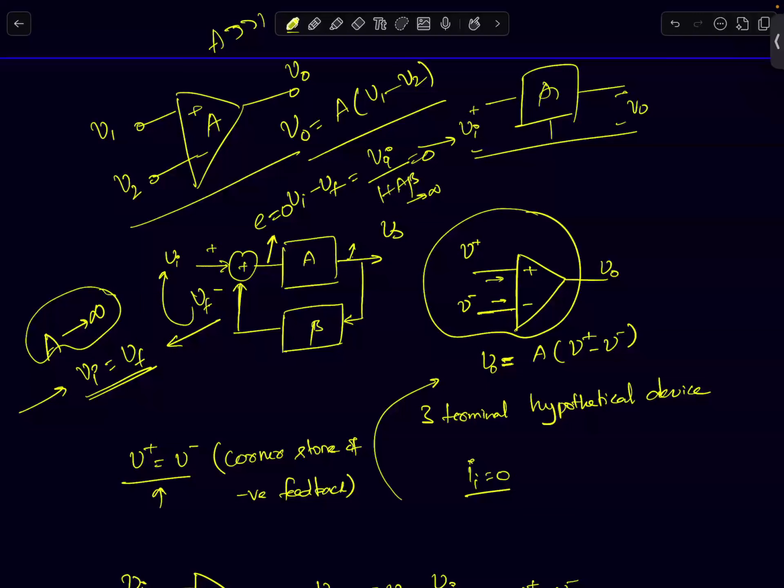If you break the loop here and yank this node slightly higher, then the circuit should try to decrease that node voltage. Then you say that the circuit is in negative feedback.